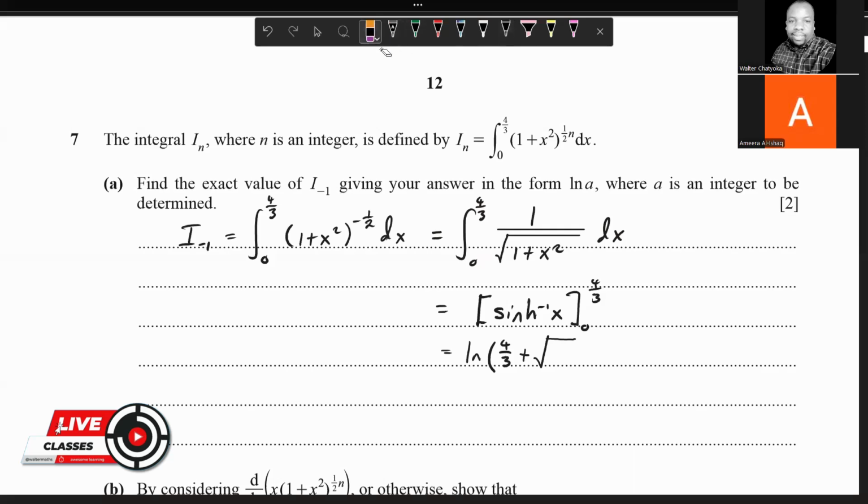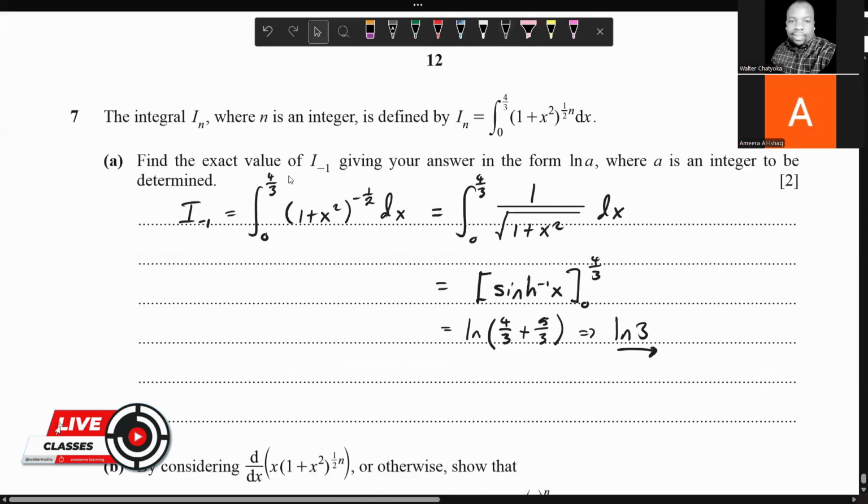And the square root of 25 over 9 is 5 over 3. Okay, so ln of 4 over 3 plus 5 over 3 is 3, so that's basically ln 3. That's what we eventually get. All right, I hope you understood what we did here. Yeah, I understood. Okay, nice.